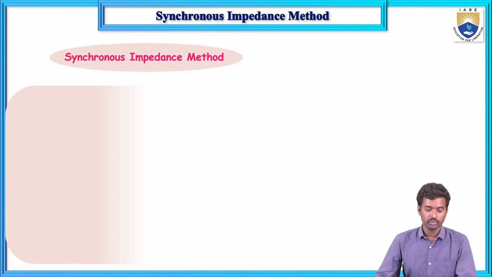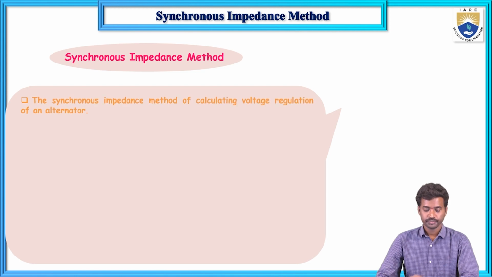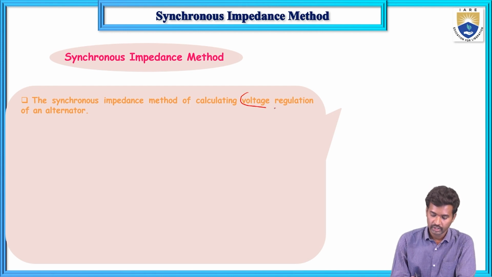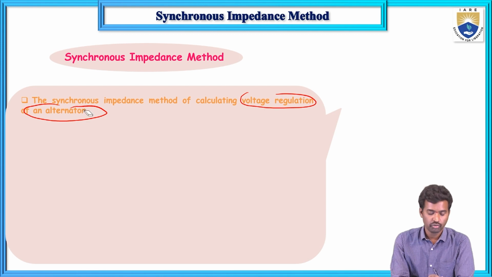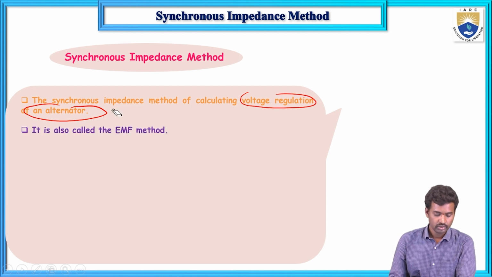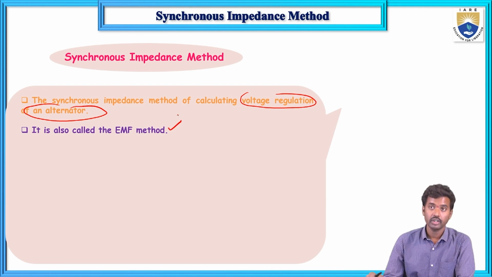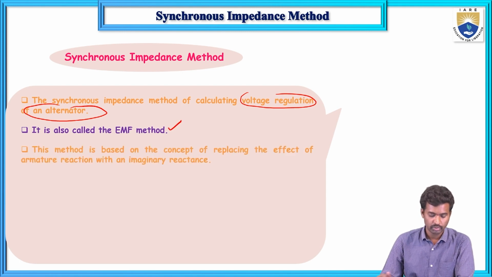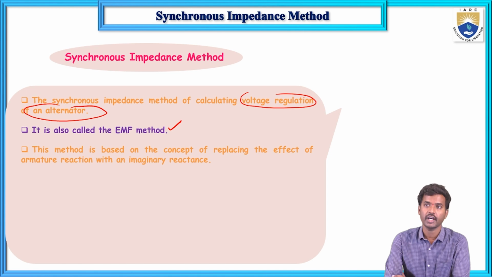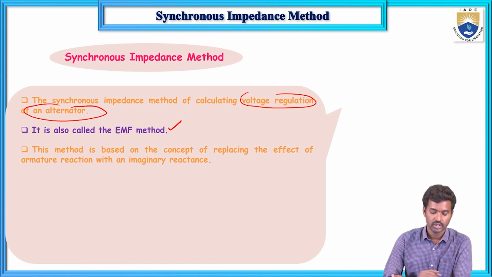In the synchronous impedance method, for calculating the percentage voltage regulation, we need three parameters. It is also called the EMF method. This method is based on the concept of replacing the effect of armature reaction with an imaginary reactance. This is important.